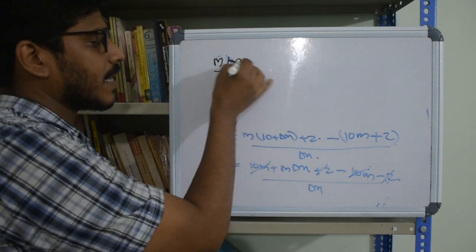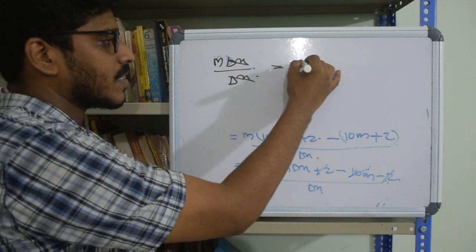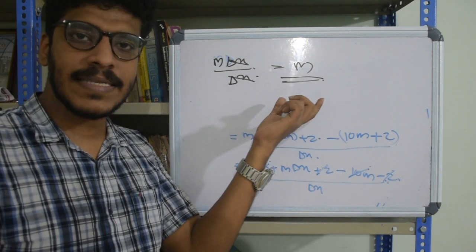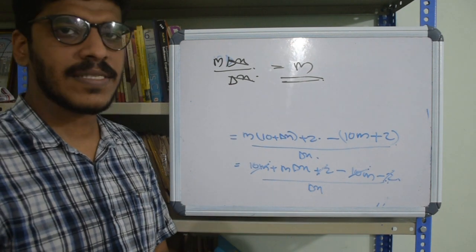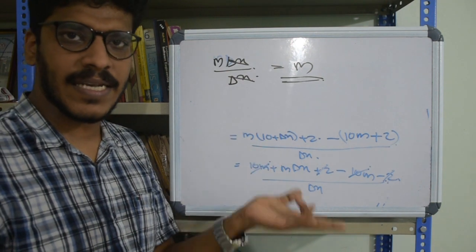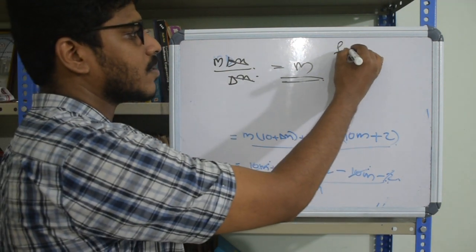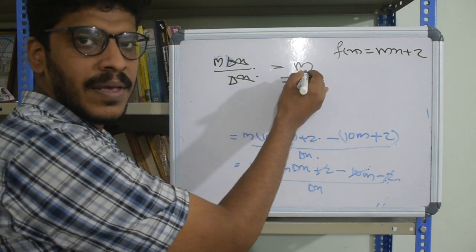So we can cancel out delta x and delta x. So what is left here? M. Since we don't have any delta x left in the final answer, there is no point in claiming delta x to be very small. It's okay, it's obvious. It does not depend on delta x anymore. So the derivative of the function y equal to, or f of x equal to, mx plus 2 is m.